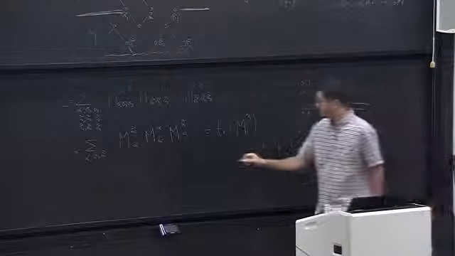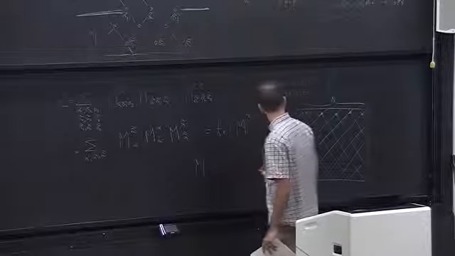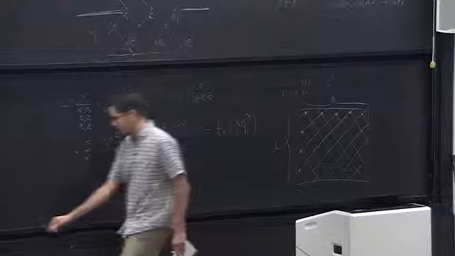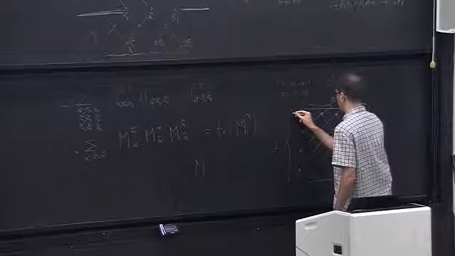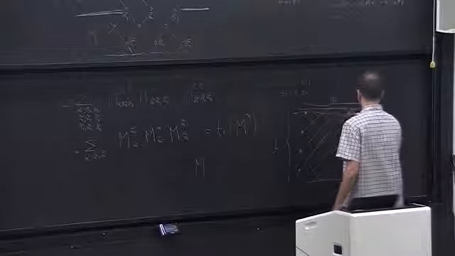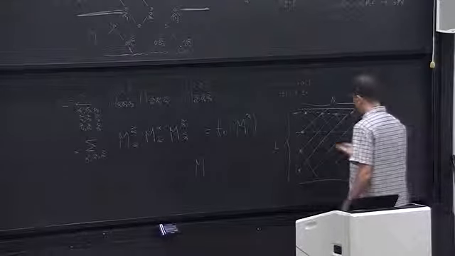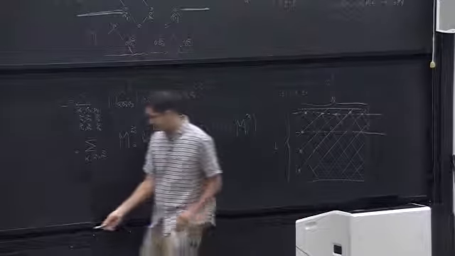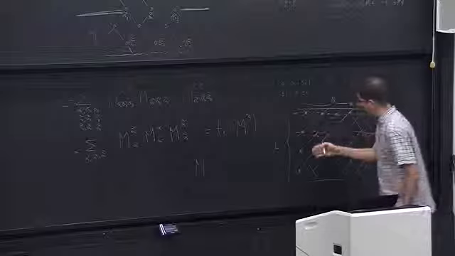Then our transfer matrix M is going to correspond, roughly speaking, to this part of the partition function. And we'll have L copies of it.